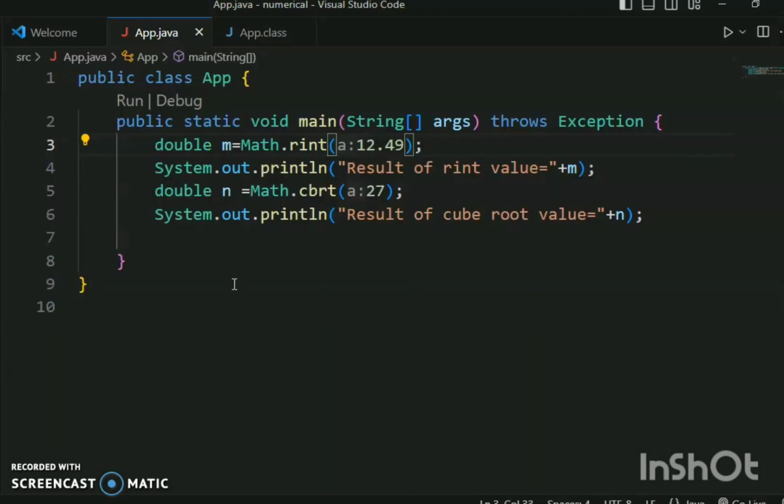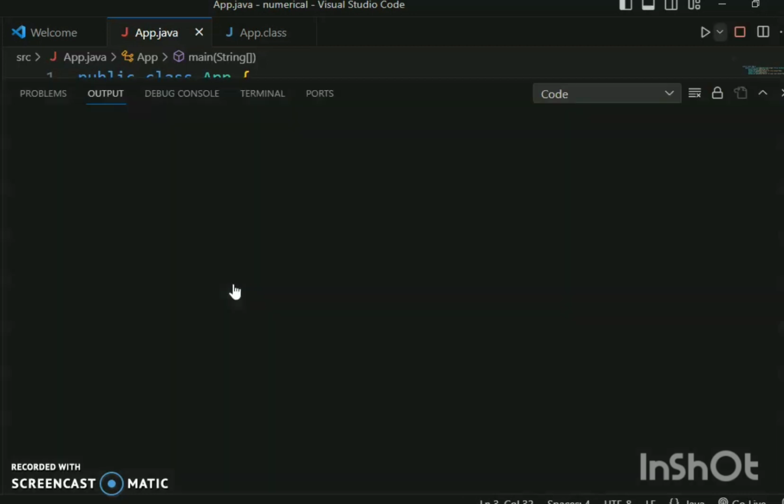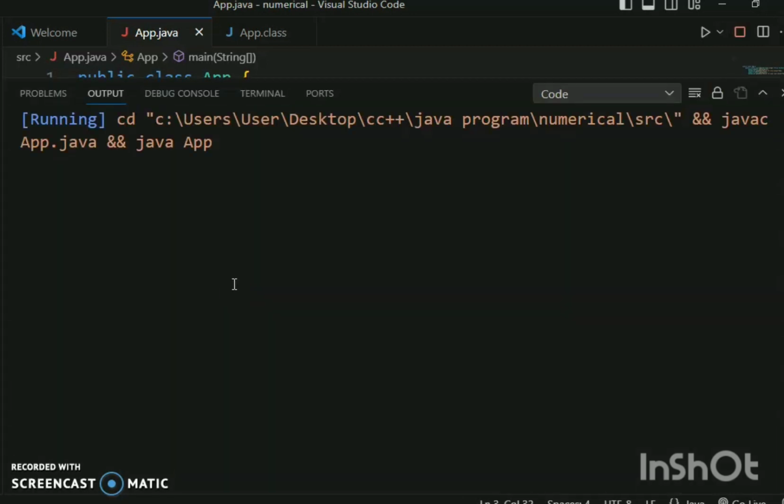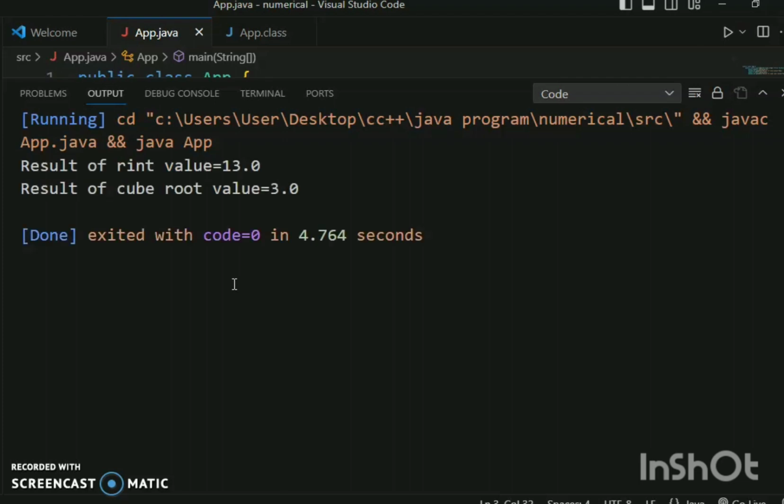If I put this value 12.7, what is my rint value? Rint value is 13. This is the important point: the fractional part is more than 0.5. That's why we get 13.